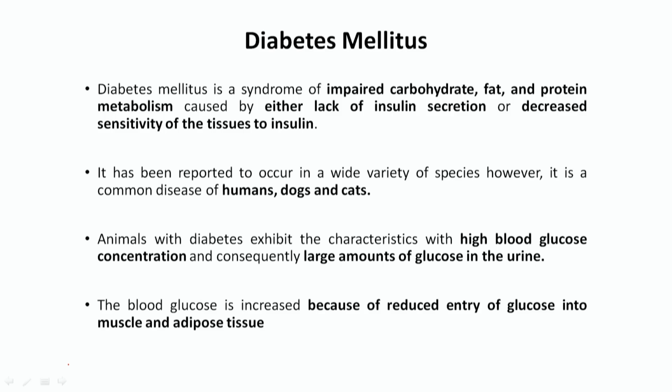Diabetes mellitus is a syndrome of impaired carbohydrate, fat and protein metabolism that is caused by either lack of insulin secretion or decreased sensitivity of tissues to insulin. It may develop due to lack of insulin secretion, if insulin secretion is not proper, or when the cells are insensitive to insulin, meaning the proper amount of insulin is secreted but the cells are unable to utilize the glucose or use that insulin.